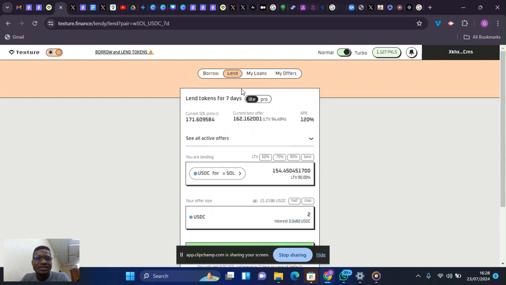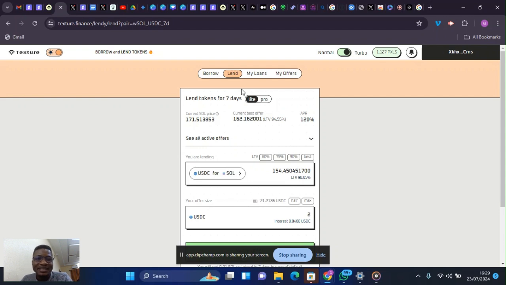The borrowing time is shorter, 7 days, so within 7 days you are getting your money back. There is no limit to borrowing or to lending. You can borrow as much as you want and lend out as much as you can. You also don't need to worry about poor utilization.